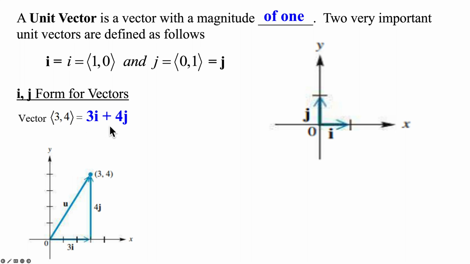But you need variables. You would have another unit vector, k vector, where it basically comes out at you to make a 3-dimension. So we need those variable unit vectors to set up our matrices. So that's why we have the two forms. So 3, 4, there's the endpoint, there's 3i, there's 4j. The graphic approach, nose to tail of your two unit vectors.